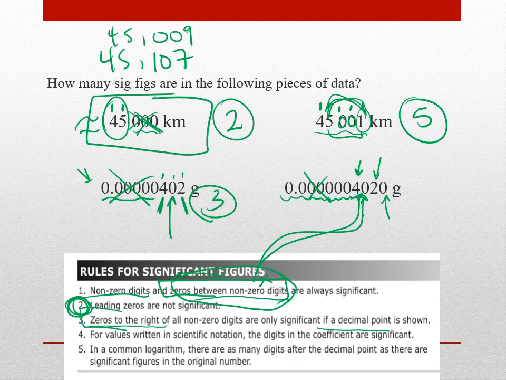It's a 0 to the right of a non-zero digit, significant only if there's a decimal point. Is there a decimal point? There sure is. It's way up there, but it's still there. So this one does count. So our significant digits are 4020. There are 4 sig figs in this number.